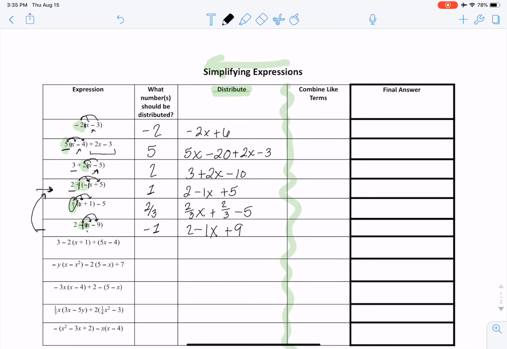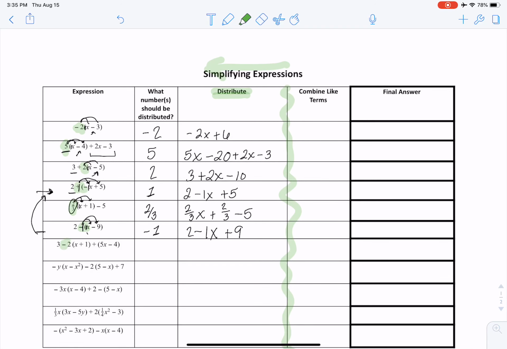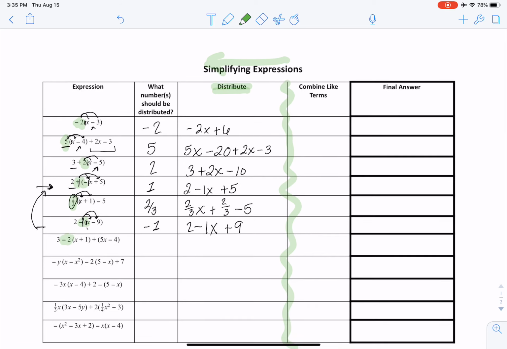All right? These next ones look like a lot because there's 2 sets of parentheses, but it's really not a big deal. What you're going to do is highlight the piece touching the outside of each parentheses, and those are the pieces that get distributed. So in this one, this -2 will distribute, and here we have a plus sign but no value, so we're going to put in a 1.